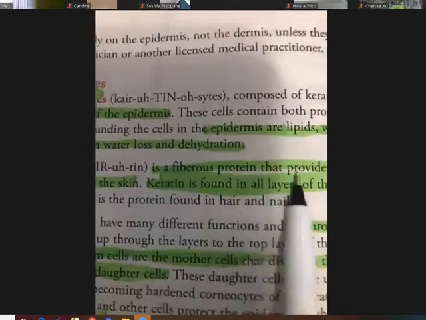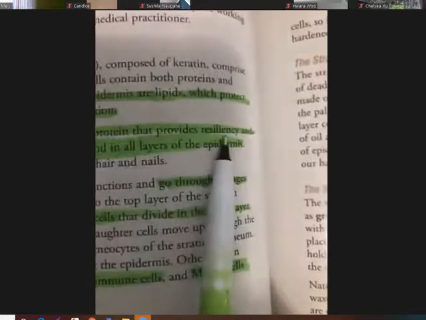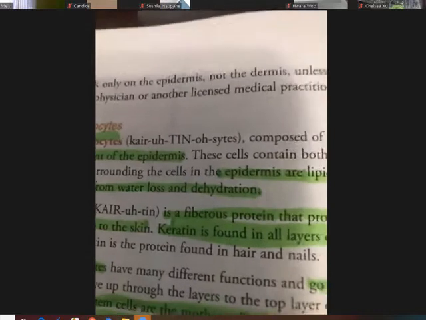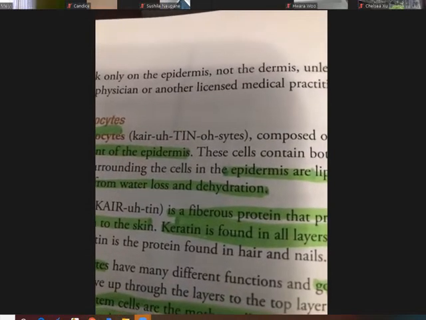Keratin is a fibrous protein that provides resiliency and protection to the skin. Now, the word resiliency is this one here.